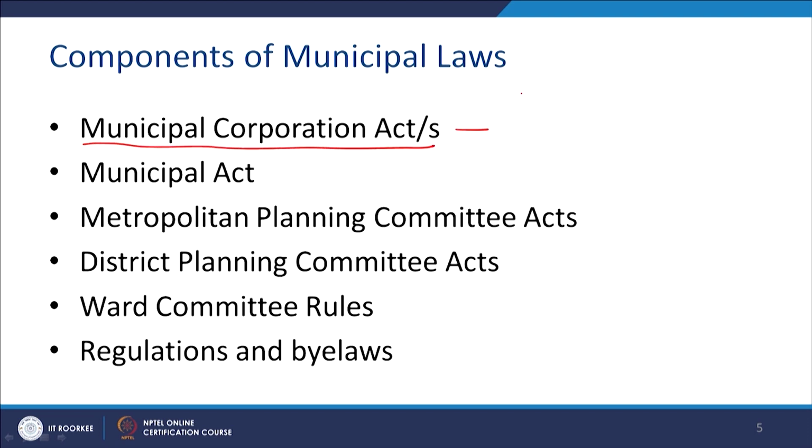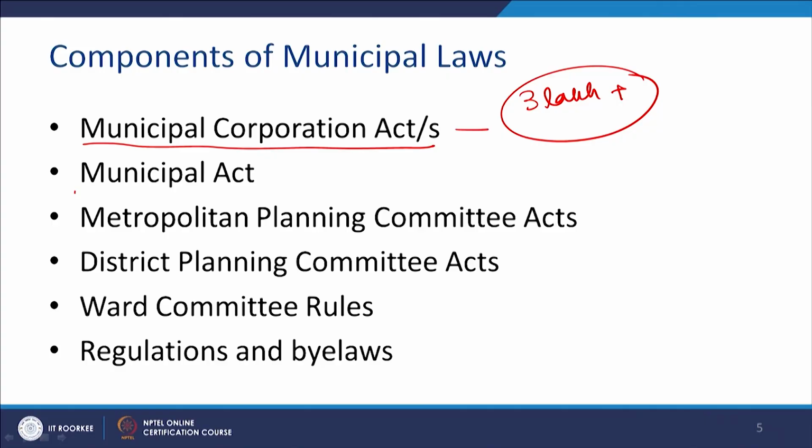In the 74th Amendment, it is stated that cities with a population of 3 lakh plus will have a municipal corporation, but it is up to the state government, which can also form a municipal corporation even with a population lower than 3 lakh. So, for that, from time to time they will form municipal corporation acts. For example, the Municipal Corporation of Delhi, Municipal Corporation of Mumbai, Municipal Corporation of Chennai and other cities have separate municipal corporation acts.